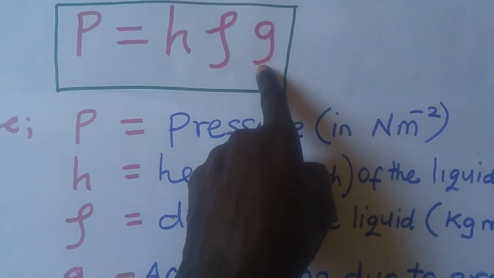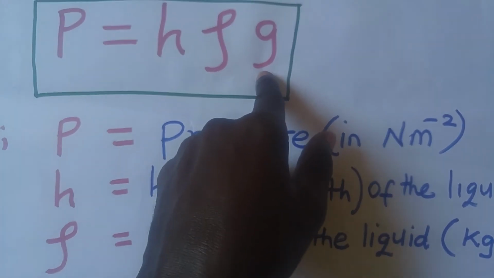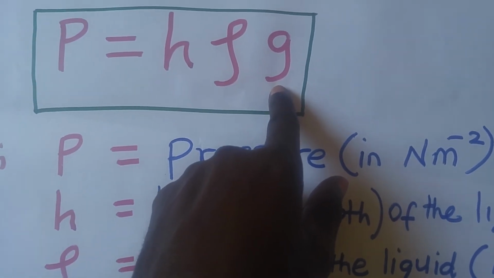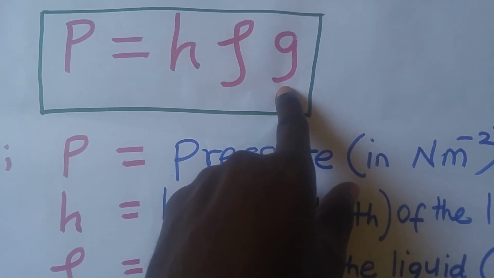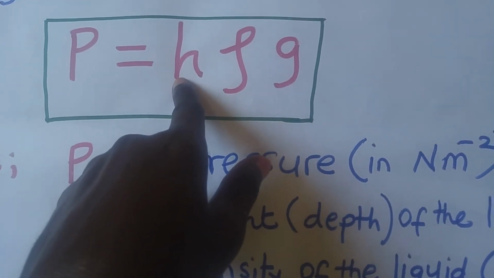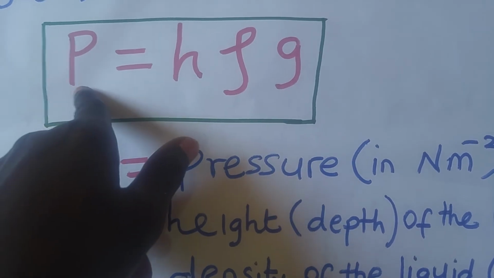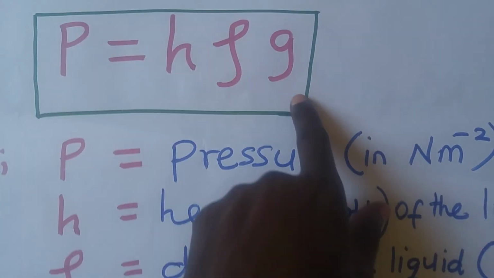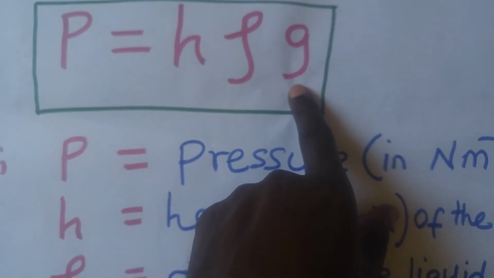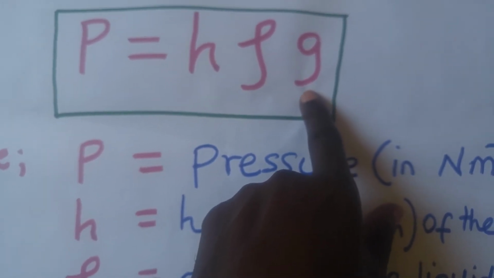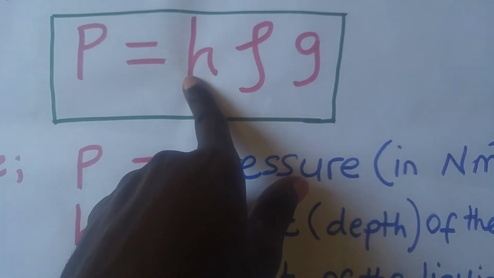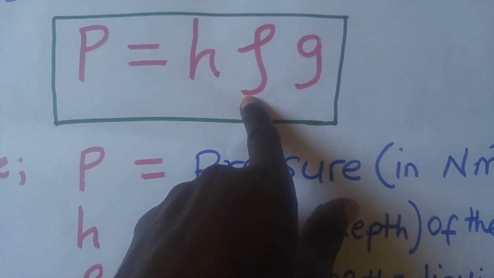Now, this acceleration due to gravity is constant, and because it is a constant, we always don't talk about it. The density of the liquid can keep on changing. The height of the liquid can keep on changing, making pressure also to keep on changing. But acceleration due to gravity does not change, especially on Earth here. So for that reason, we normally talk about two factors affecting pressure in liquids. That is the depth and density.